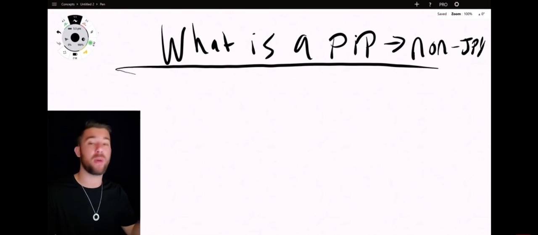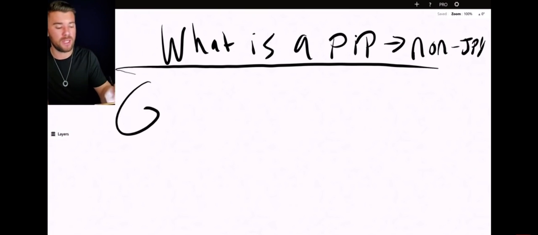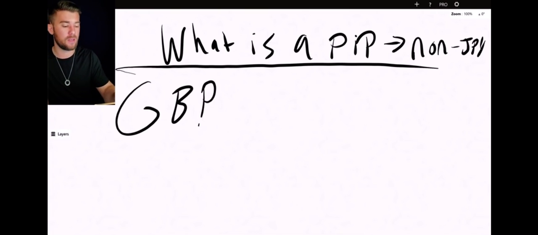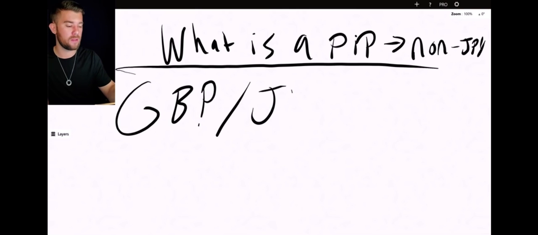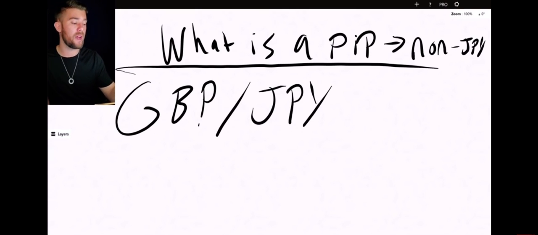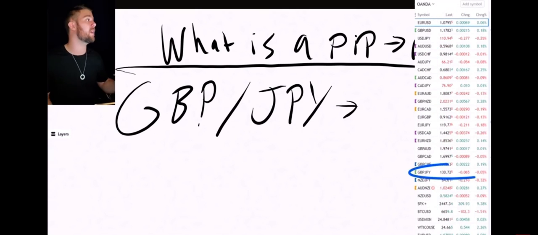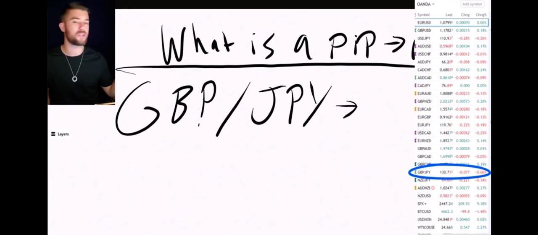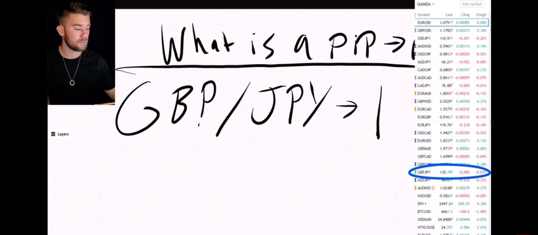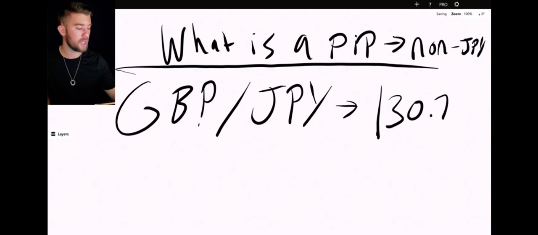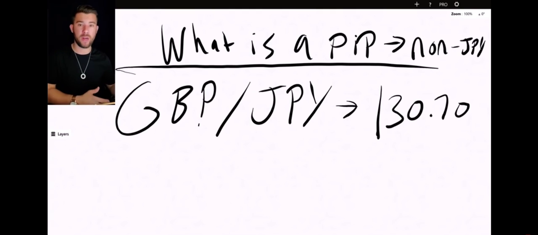Let's go into another yen pair. Let's try out the pound yen, GBP JPY. The value of this currency pair right now, if I find it on the chart, and I'll show you a screenshot of it somewhere, is 130.70. As you'll notice, because this pair has JPY in it, we only move 2 decimals from the decimal, right?